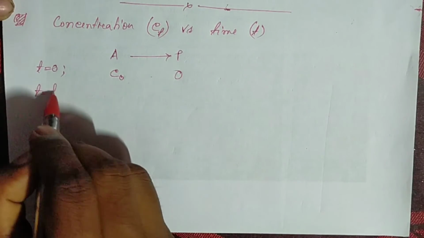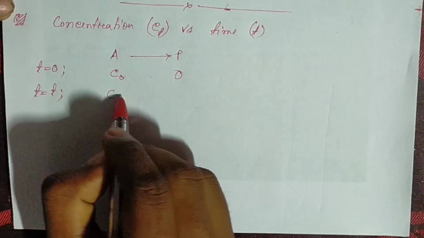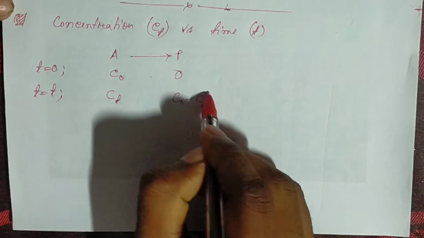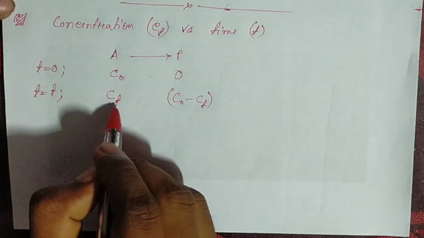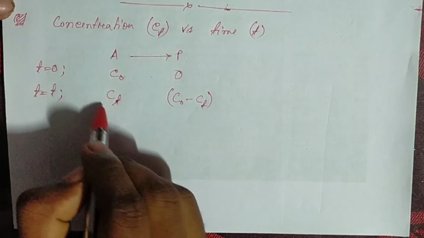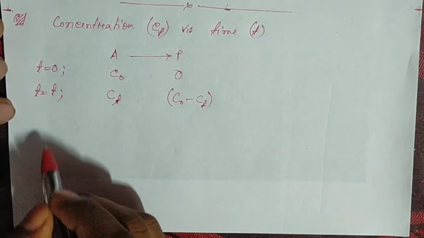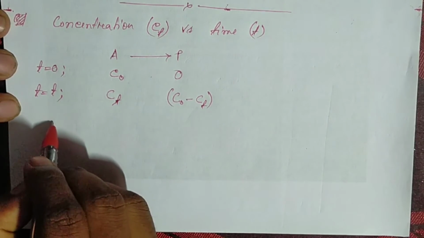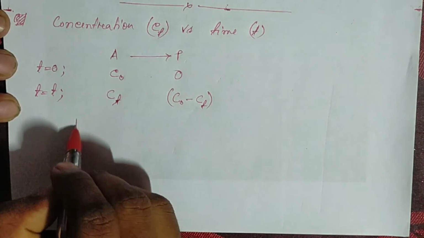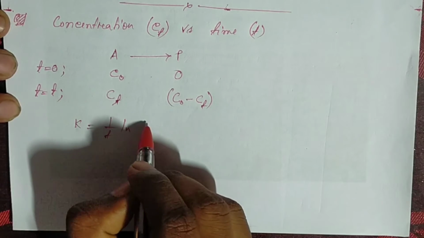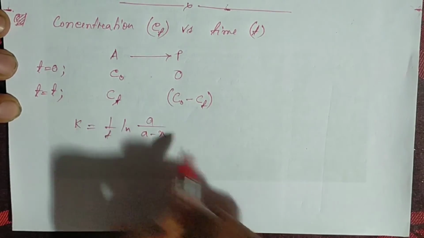When time is t, the reactant will be Ct, and the product will be C naught minus Ct. So we are going to plot Ct versus time. So from the general equation, what is the general equation? 1 by t ln a by a minus x.